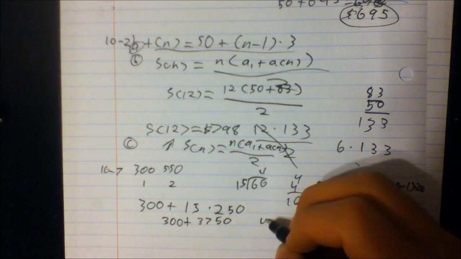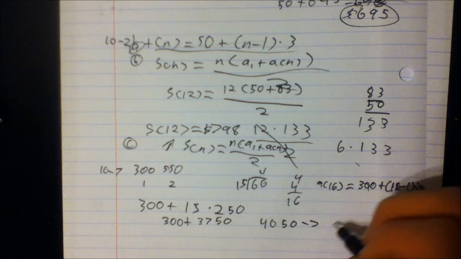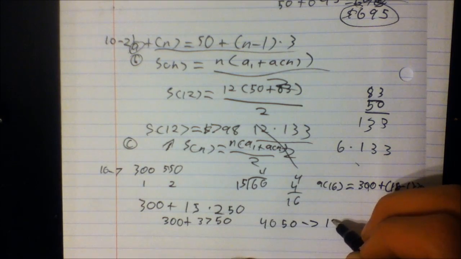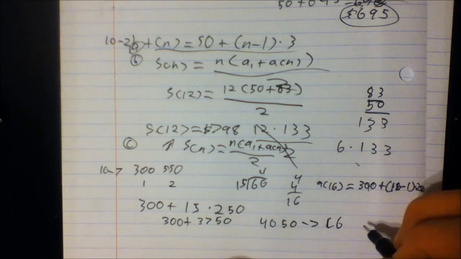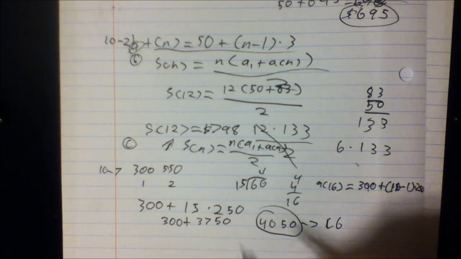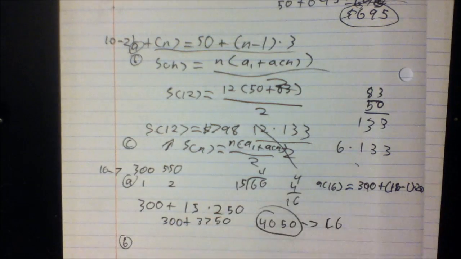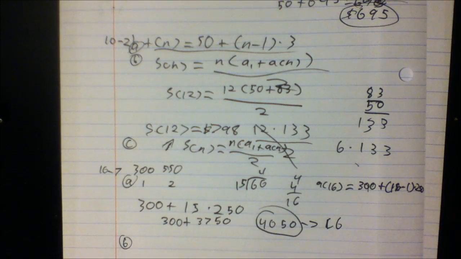That is 4,050. So what we figured out here is at the 16th increment, which is 11:45 to 12, 4,050 people will enter, and that is part A. But there is a second part of the question, B. Represent the problem as a sequence and write a formula for the nth number. So we've already done that.